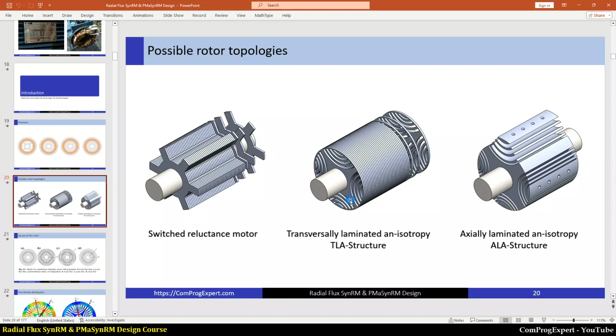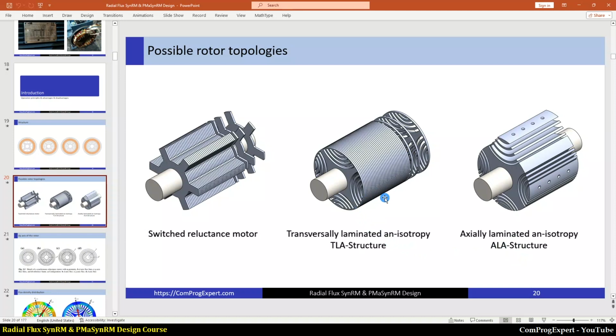Here, this structure is similar to this one, and manufacturing is similar. We have a laminated core, but the manufacturing of this structure is more complicated. However, the saliency ratio that we can get from this structure is higher than this one.